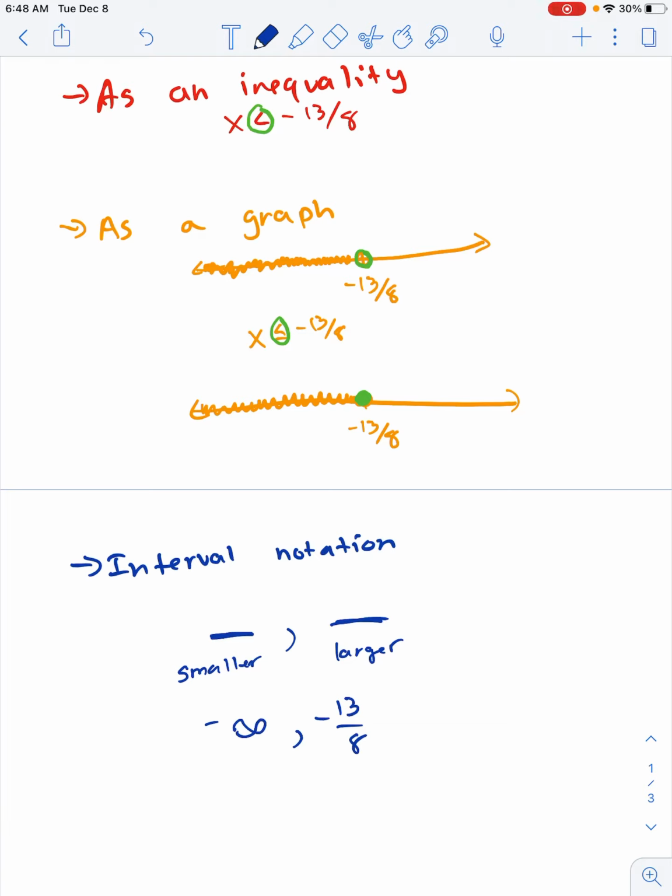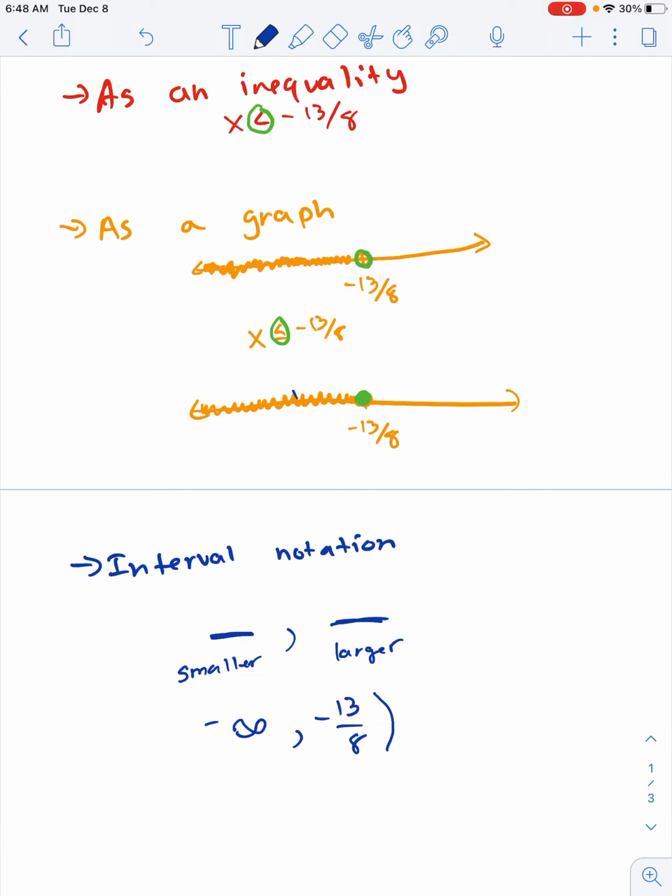Now, you either need to put brackets or parentheses around this. The way that you decide whether it's brackets or parentheses is you again look at whether your endpoints are included or not. So in our example, x is less than -13/8. So that endpoint is not included. So we're going to have a parentheses there.